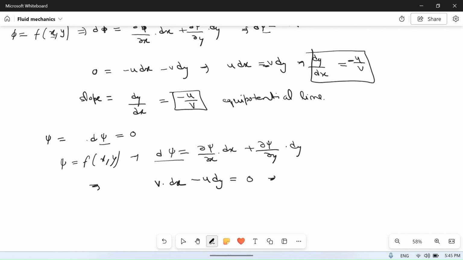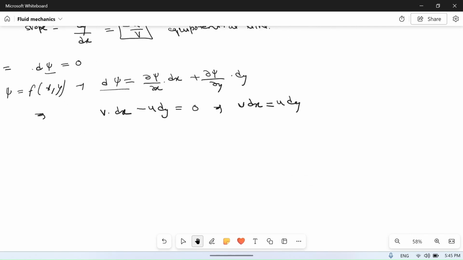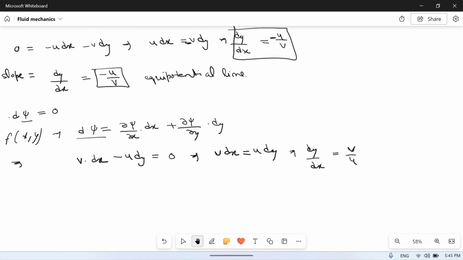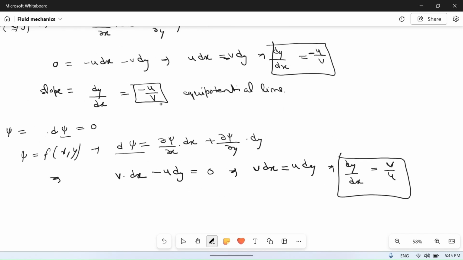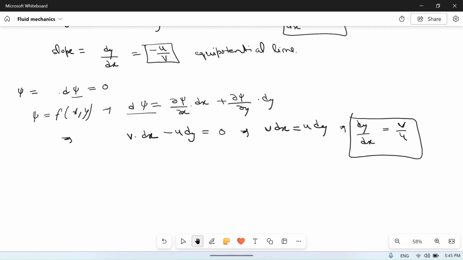So we can write v dx is equal to u dy, or we can also write dy by dx is equal to v by u. So this is slope of constant stream function line, and this is slope of equipotential line. So if you multiply their slope, then we will get minus u by v into v by u. So it will be cancelled and you will get minus 1.